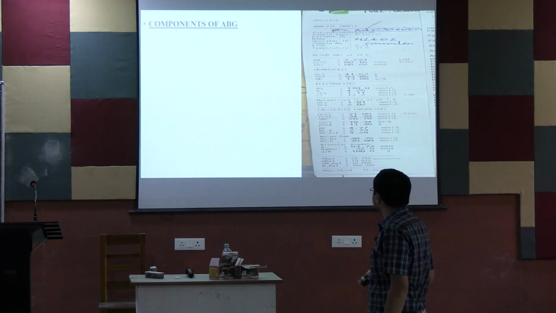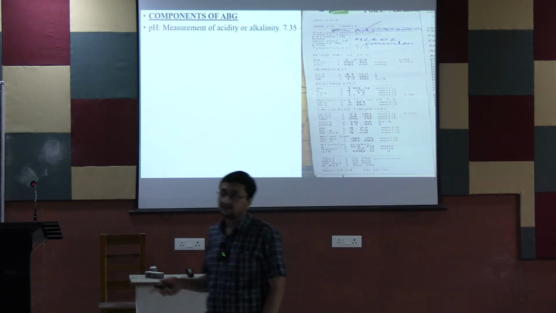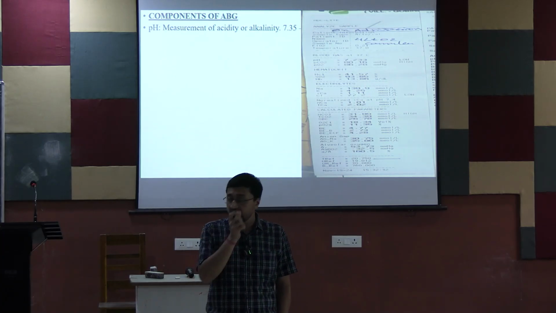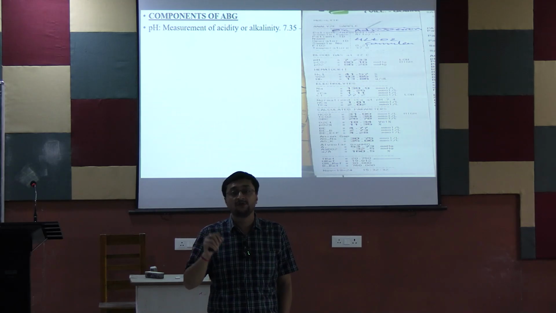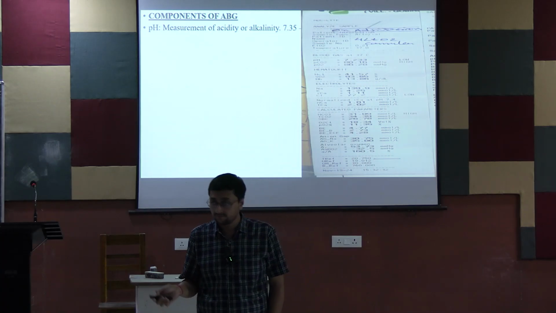So what are the components? First one is pH, that measures the acidity or alkalinity, right? So the normal pH is between 7.35 to 7.45. So less than 7.35 is termed as acidosis, and more than 7.45 is alkalosis.